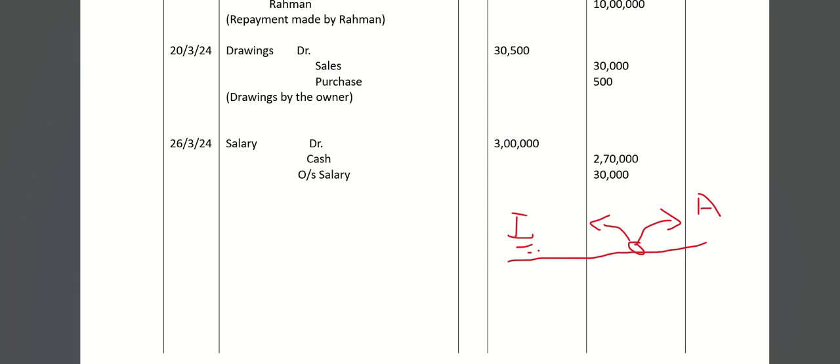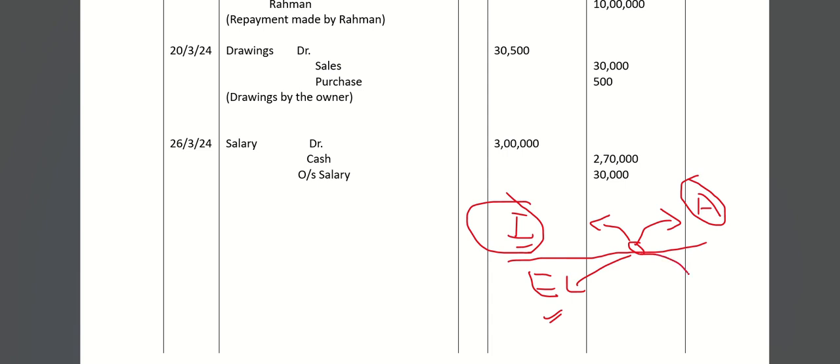Just think about what Rahman did. If Rahman had paid the money on time, his payment would be taken as income alone, isn't it? But since he failed to make the payment on the due date, we took him as an asset of the business. Similarly, think of an expense. If the expense is paid on the due date itself, it is an expense alone.